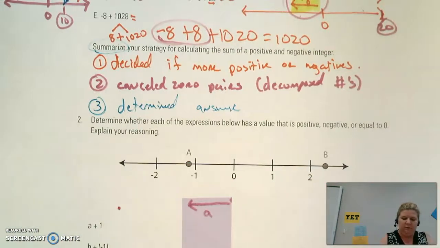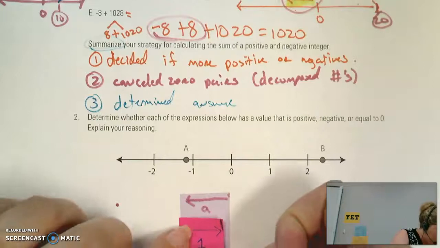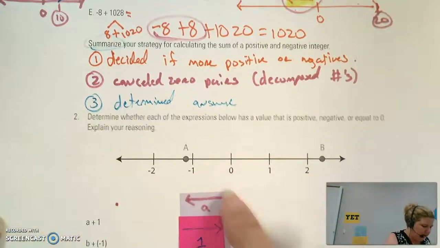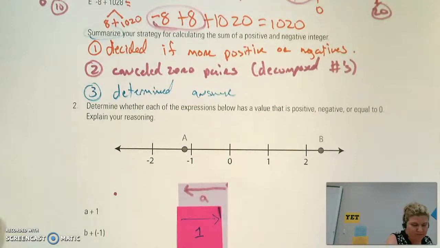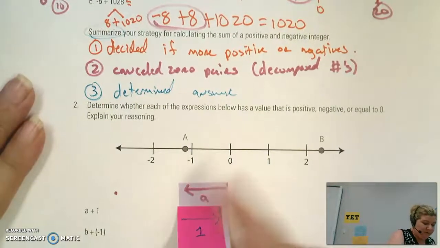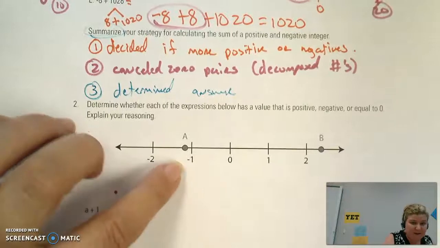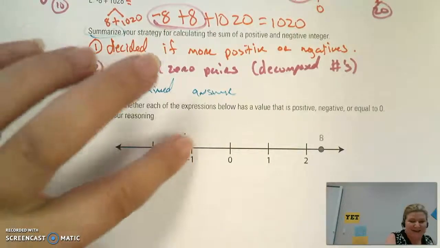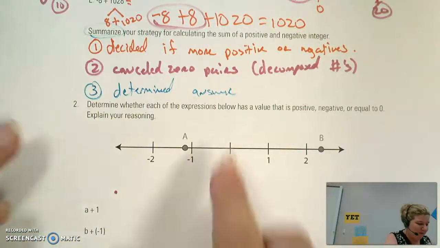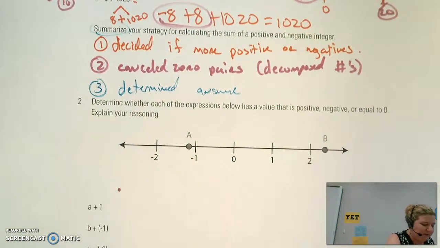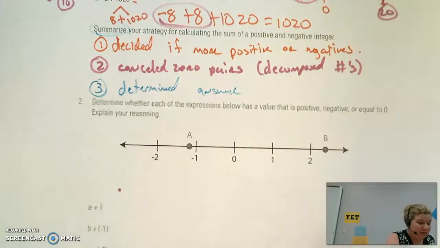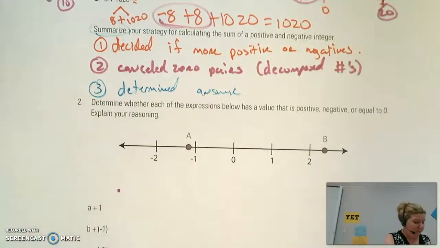Okay. So which one of these is longer? The A or the 1? All right. Now, look at A. A is longer. Is A a positive or a negative number? Look where it is. If I gave it a value, like approximately negative 1 1/4, regardless, it is a negative number.